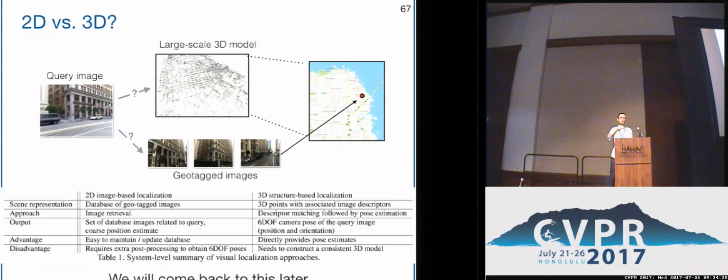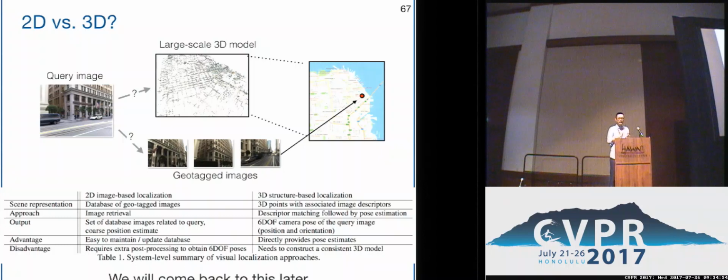It's just images and GPS. But for the 3D method, we have to prepare the large structure from motion, and we save all the point clouds. And if a new image comes, we have to rerun the bundle adjustment again. But if we evaluate it, it seems the 3D method is more accurate.